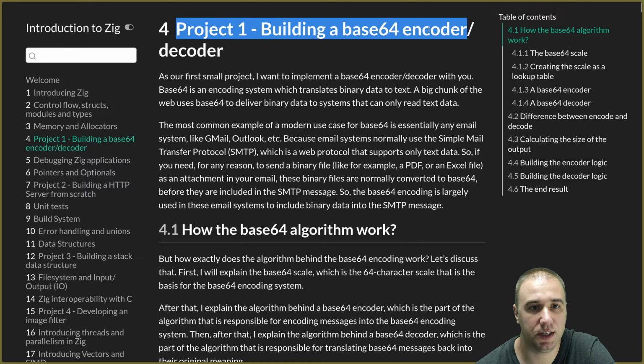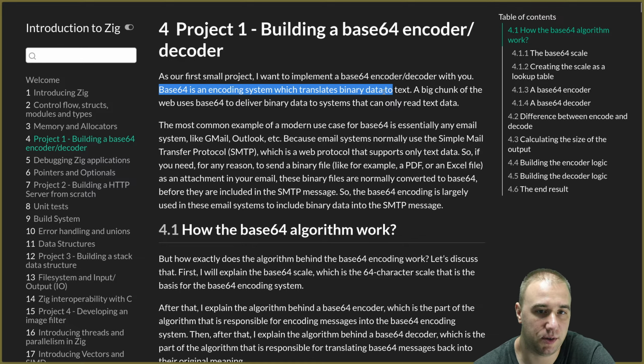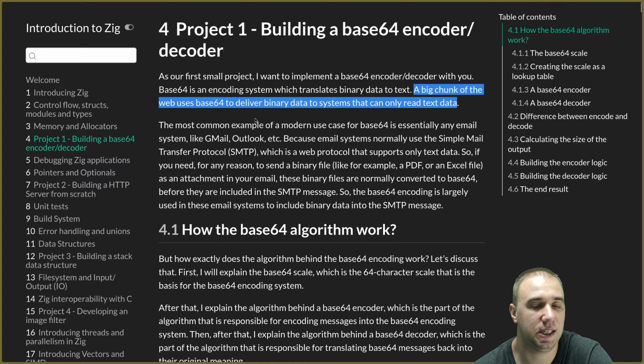Project 1, building a base64 encoder decoder. As our first small project, I want to implement a base64 encoder decoder with you. Base64 is an encoding system which translates binary data to text. A big chunk of the web uses base64 to deliver binary data to systems that can only read text data.